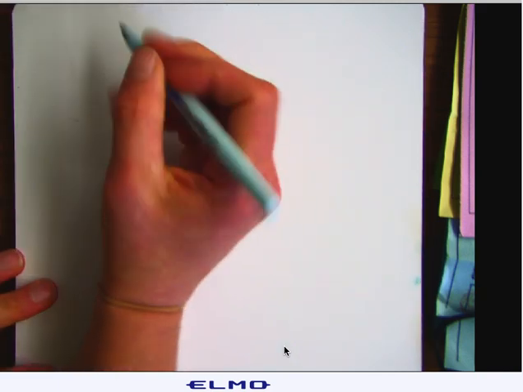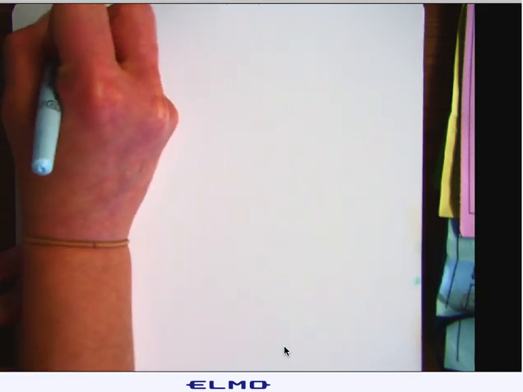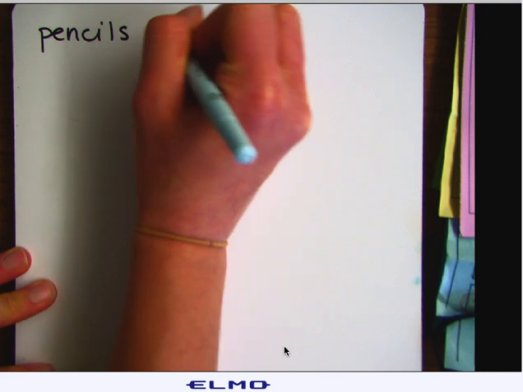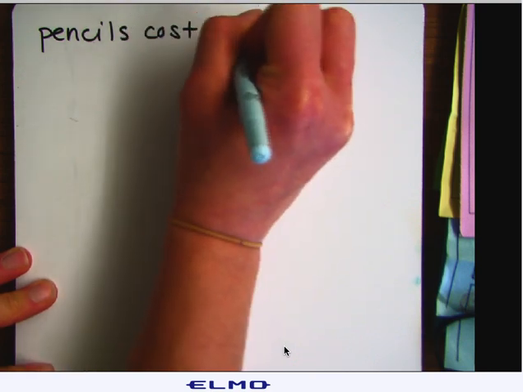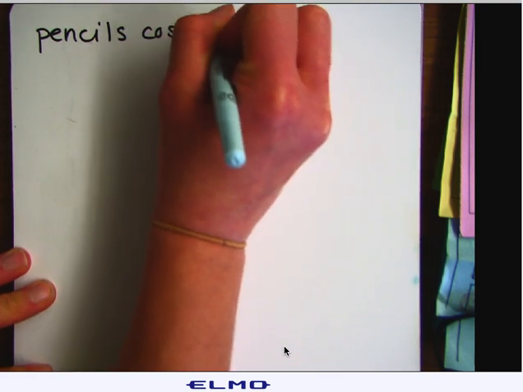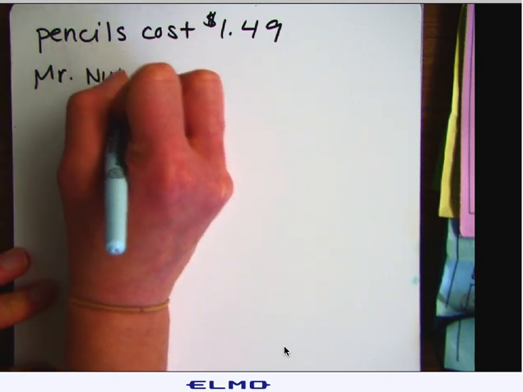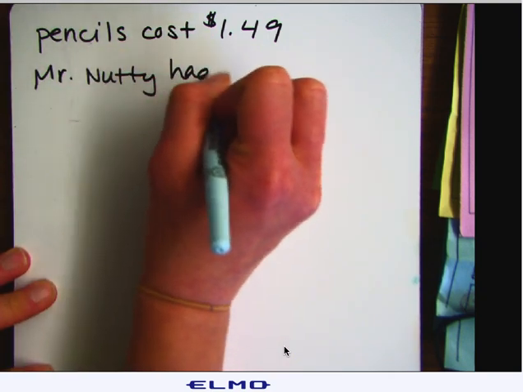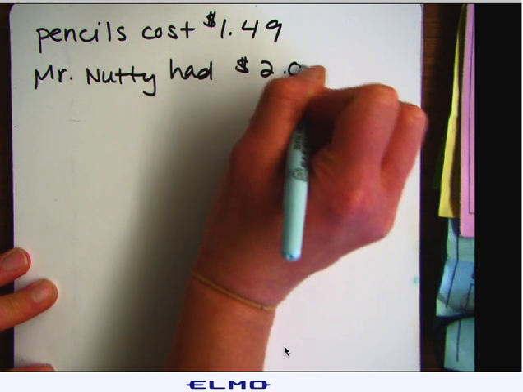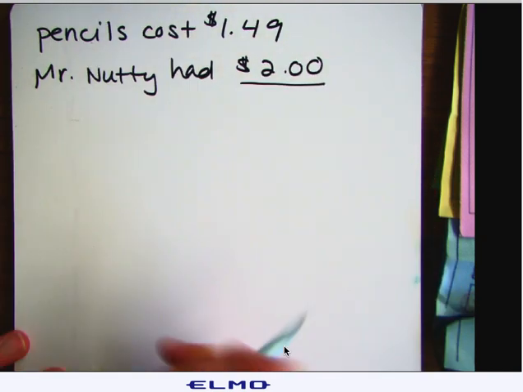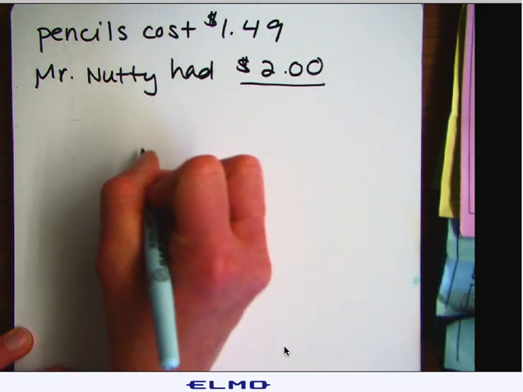So the pencils cost $1.49. Mr. Nutty had $2. Now we know that we like to write the bigger number on top. So obviously $2 is the bigger number, so that one's going to go on top.